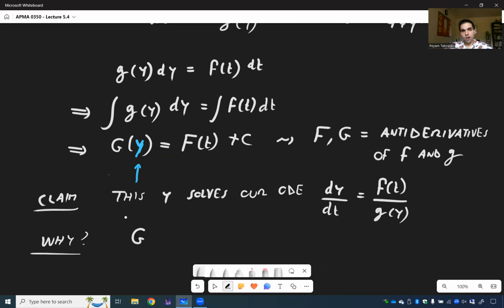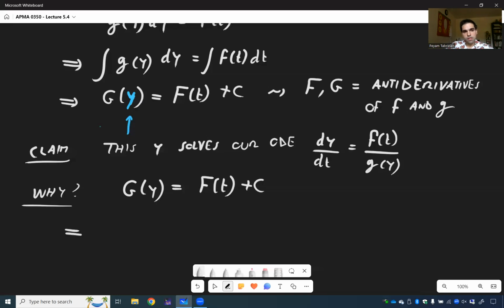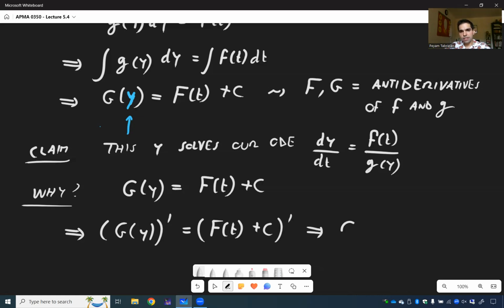Take our equation, capital G of y equals capital F of t plus c, and then differentiate. So G of y prime equals F of t plus c prime. And then using the chain rule, you get capital G prime of y times y prime equals capital F prime of t.